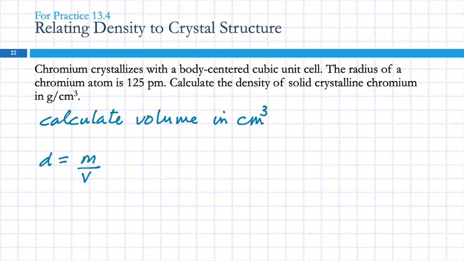How do we find the mass of this cell? A body-centered cubic unit cell has how many atoms in it? 2 atoms. Well, how much do 2 chromium atoms weigh?